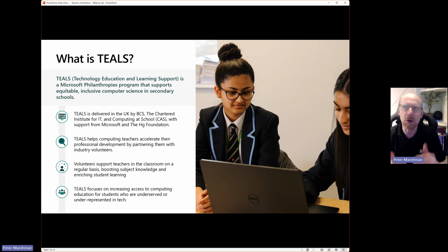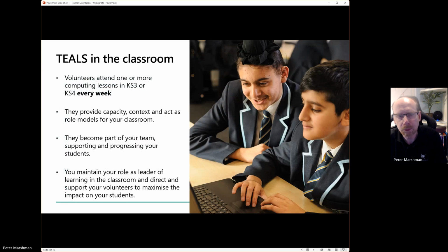This is also supported by the role models that you get in your classroom. These volunteers in the TEALS classroom enable an increased and wider range of role models, on top of yourself as a role model in the classroom as a class teacher.